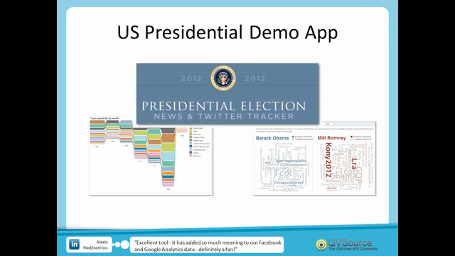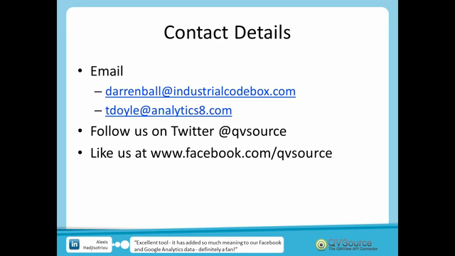It's a really interesting application where you can see the topics that matter to the respective parties and their candidates, and what people are talking about. It's a really cool application. It's online, so you can click around, and there are explanations on how you can use it and how the information was gathered.